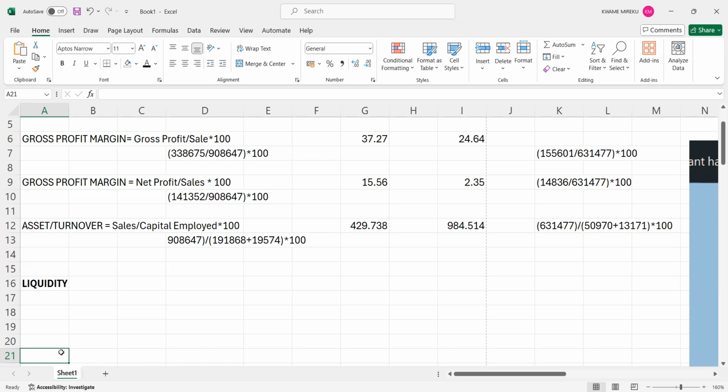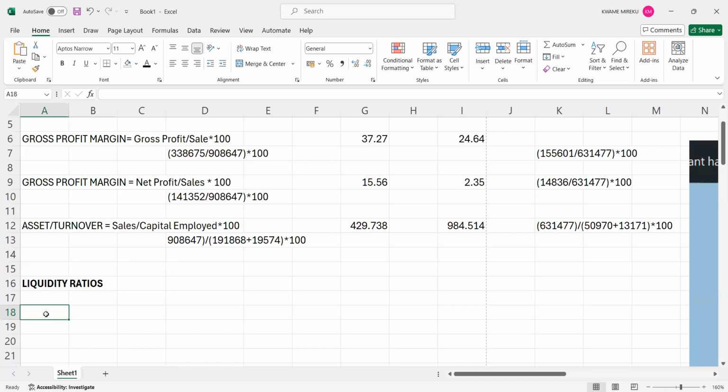Your ability to pay is measured by the liquidity ratios, where we compare your current assets to your current liabilities. Do you have enough current assets to pay for your current liabilities? We want to know.